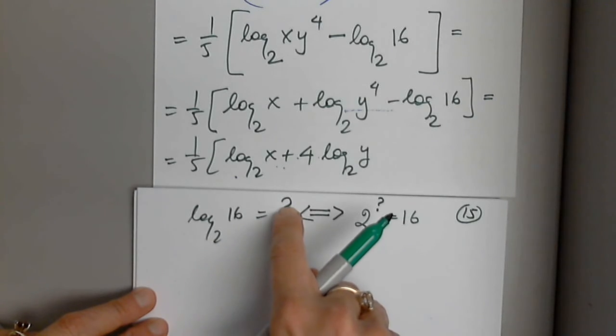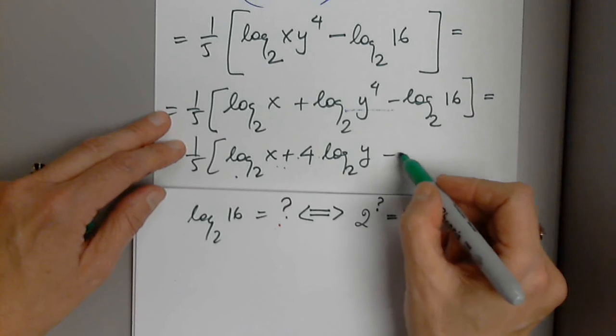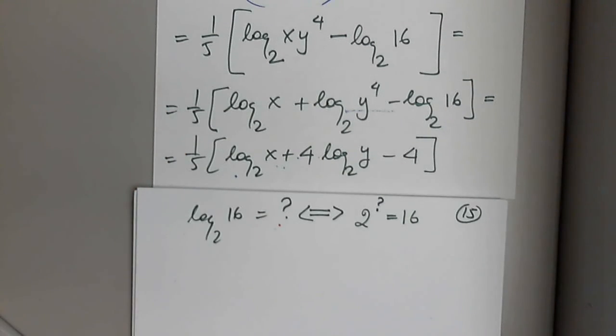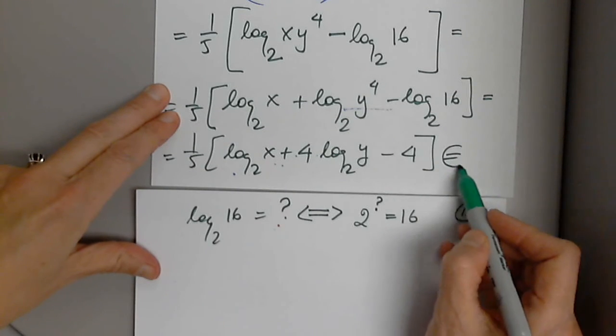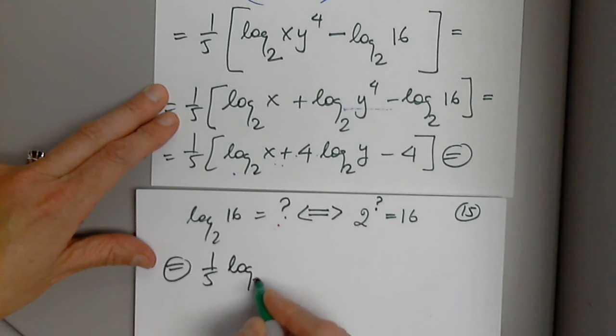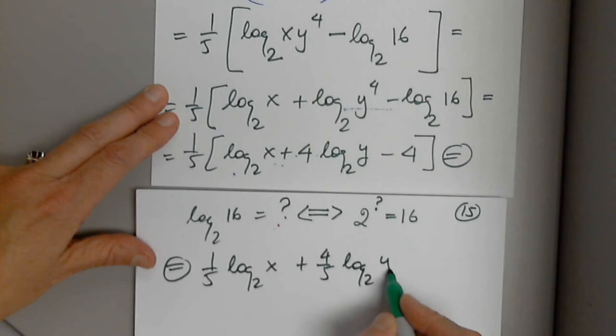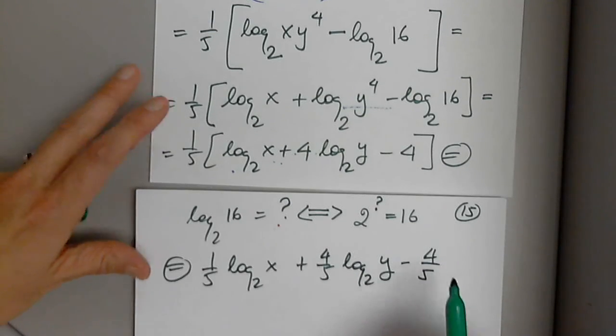What can it be exactly? So all this is replaced by 4, with the minus sign giving -4. We were able to simplify it. Final step, I must distribute 1/5. So I have 1/5 log base 2 of x plus 4/5 log base 2 of y minus 4/5.